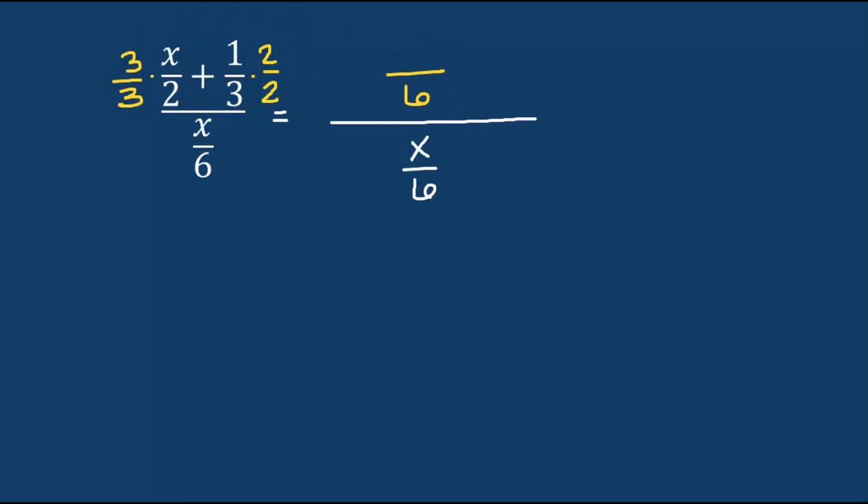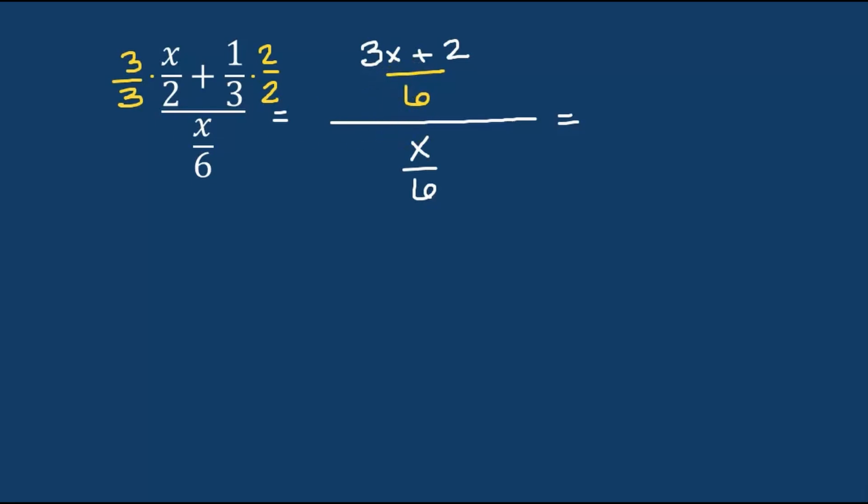So all I have to do is multiply the numerators. 3 times x is 3x, plus 1 times 2 is 2. This gives me a numerator that is as simple as it can get, and a denominator that's as simple as it can get. There is no factoring that I can do here that would make this more simple.